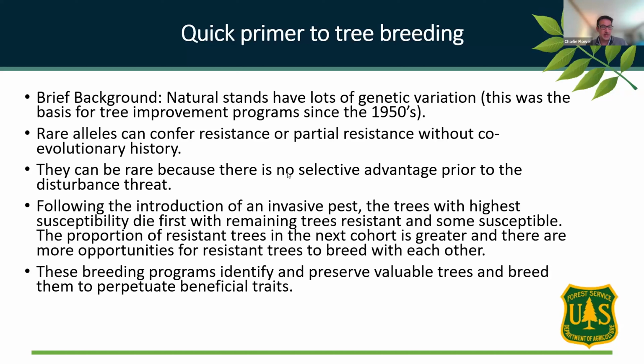So following the introduction of an invasive pest, the trees with highest susceptibility die first, and the remaining trees are resistant, and some are susceptible. So the proportion of resistant trees in the next cohort is greater, and there are more opportunities for the resistant trees to breed with each other. So these breeding programs identify and preserve this valuable material, and they hopefully perpetuate the beneficial traits to the next generations.